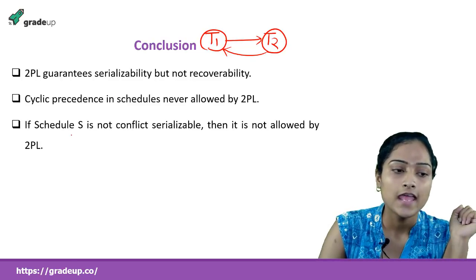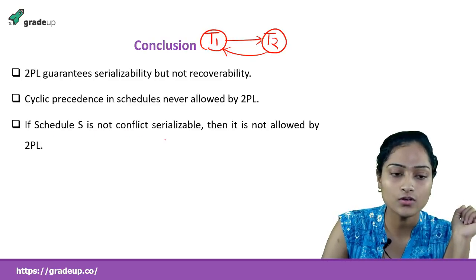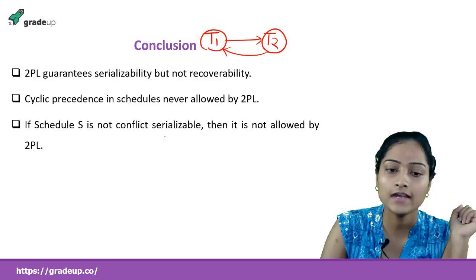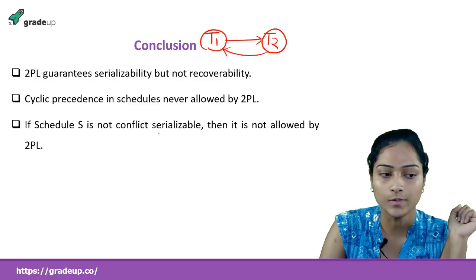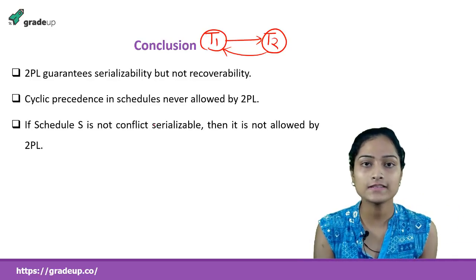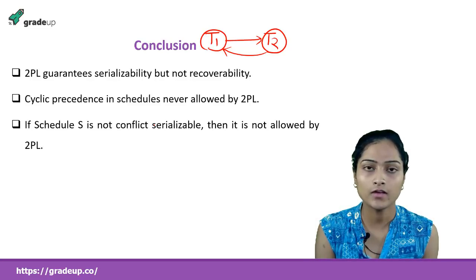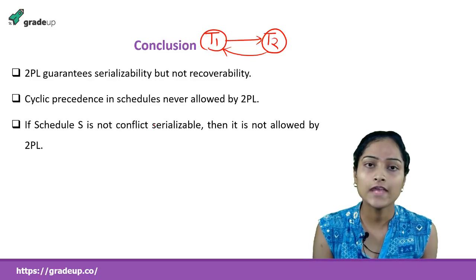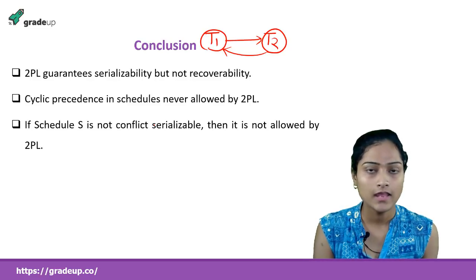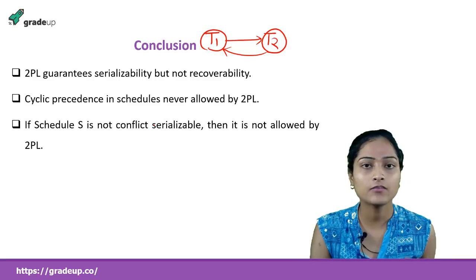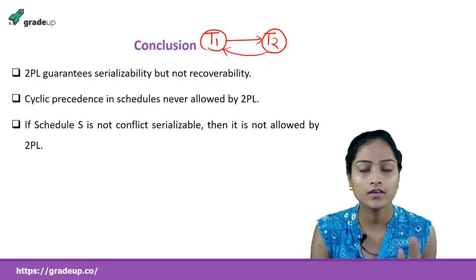The third thing is, if schedule S is not conflict serializable, then it is not allowed by 2PL. That is, if a schedule is not conflict serializable, it will never be allowed by our two-phase protocol. So till now we have studied the two-phase protocol. It guarantees serializability, but we cannot make any comment on recoverability.